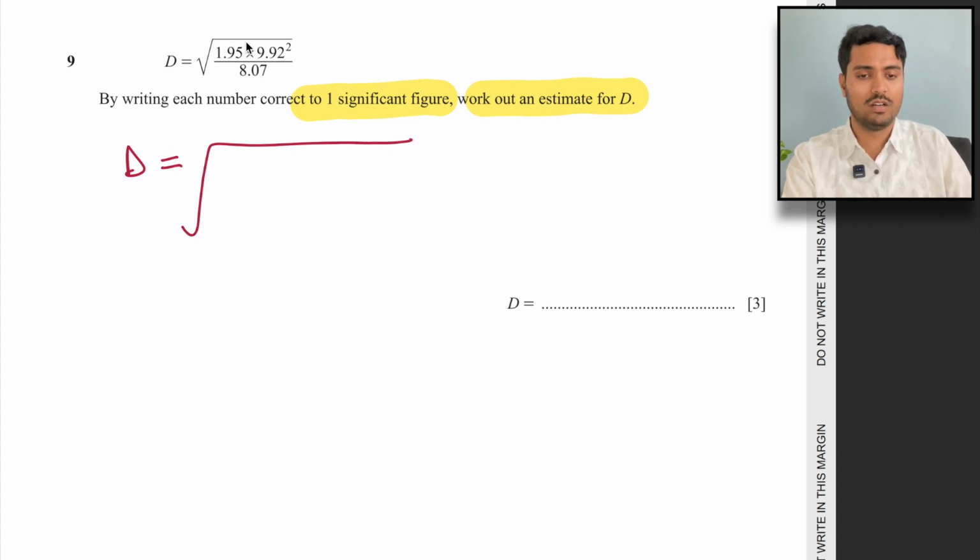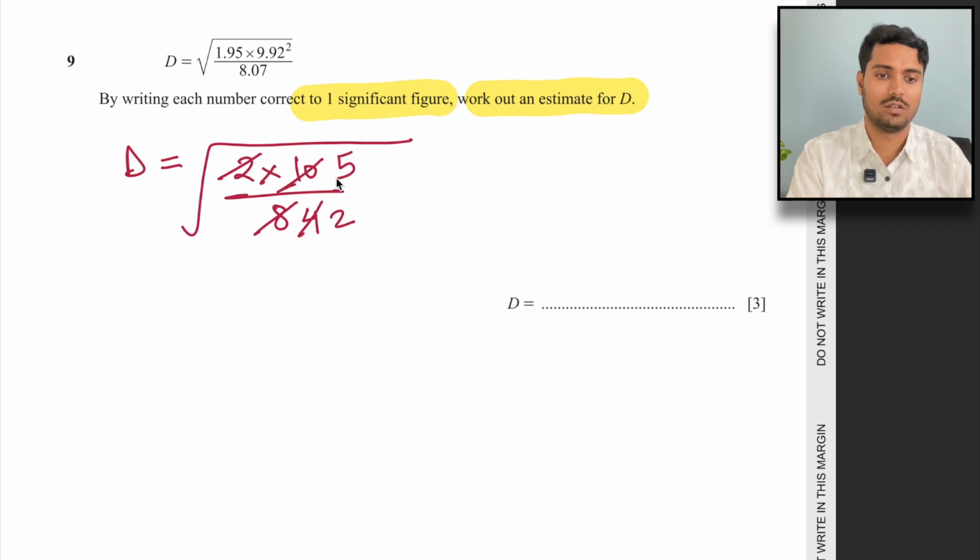So d is going to be 1.95. Correct up to one significant figure, the number is going to be 2. So 2 multiplied by 9.92, which rounds to 10, divided by 8.07, which rounds to 8.